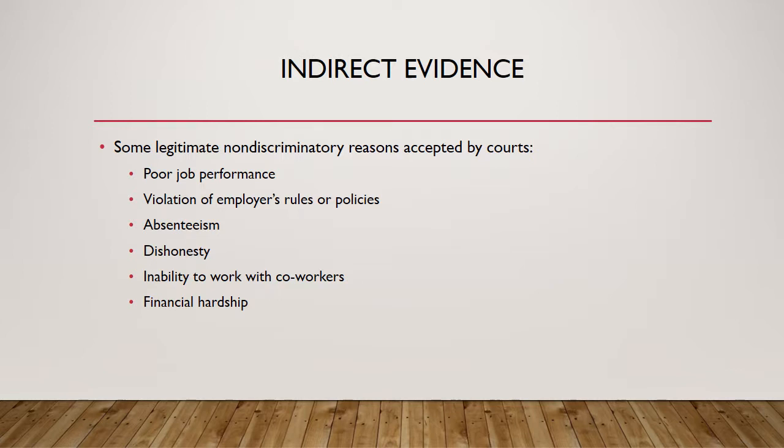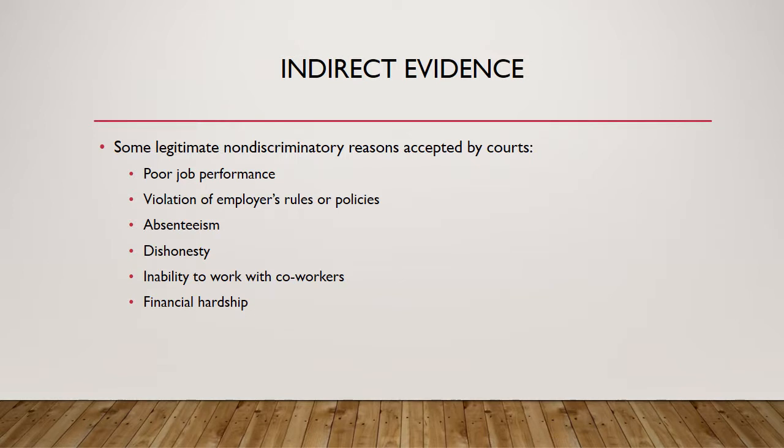Some examples of legitimate non-discriminatory reasons that have been accepted by the courts: poor job performance. If you can establish that the person was doing a poor job, if they had been put on a performance improvement plan and had not improved, that is going to be favorable to show that they were terminated for a legitimate non-discriminatory reason. Poor job performance has nothing to do with someone's race, their age, their sex, etc. Violation of your rules and policies.